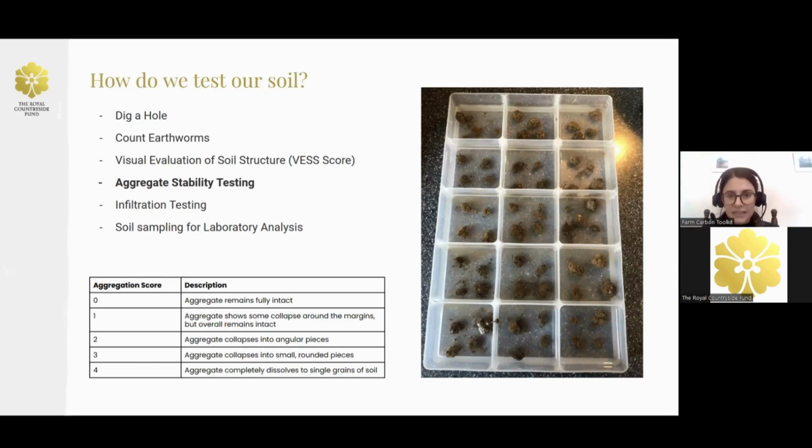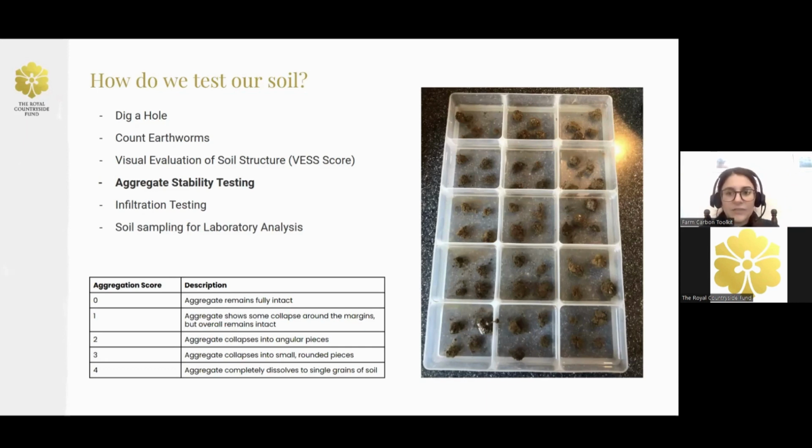The underlying thinking is that if these aggregates remain intact, they've likely got a really good amount of soil biology going on in there, where you've got the glomalin from different microorganisms and the worms and everything else, and the soil organic matter holding those aggregates together like glue. Whereas if we've got samples that are more likely to break apart over time, they're less likely to have that inherent biology and organic matter within them.